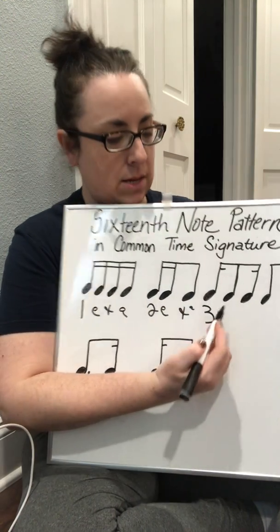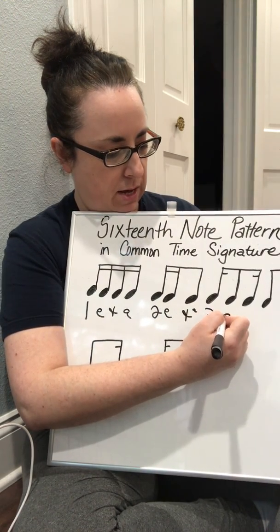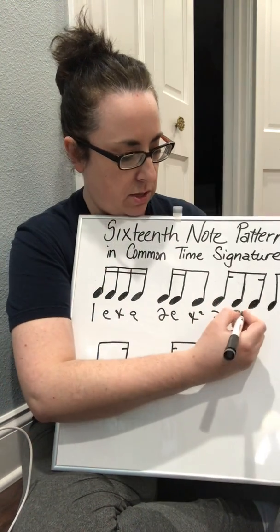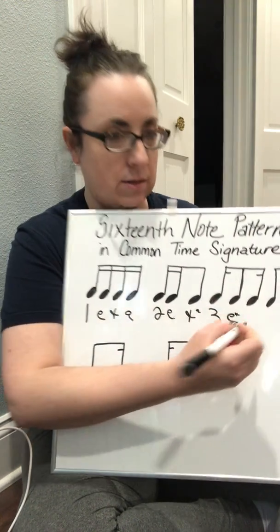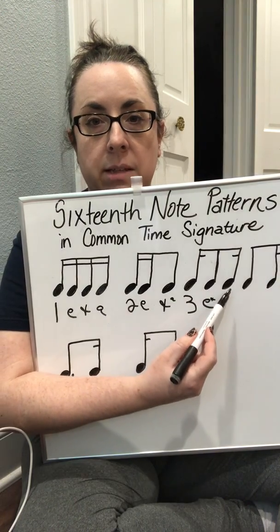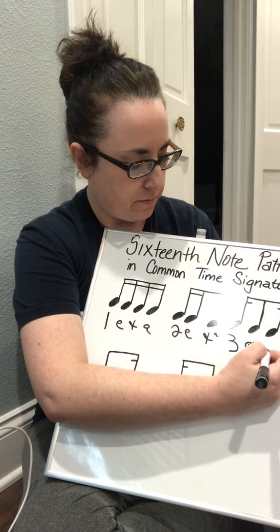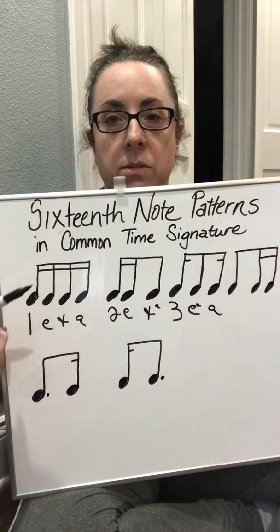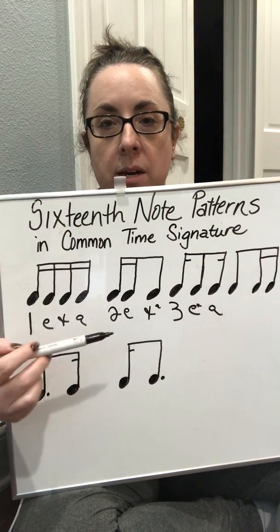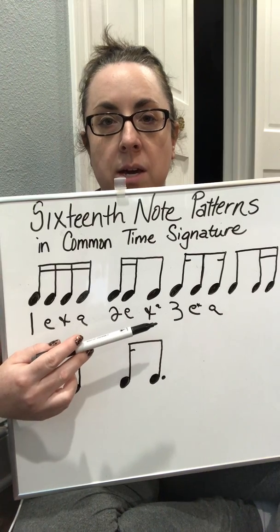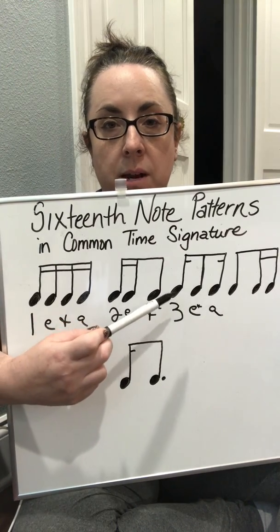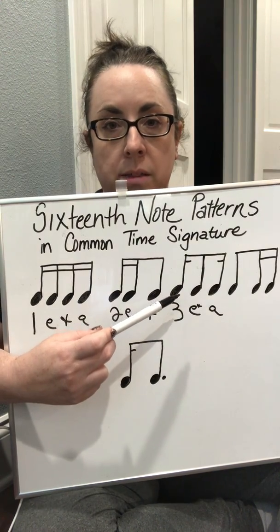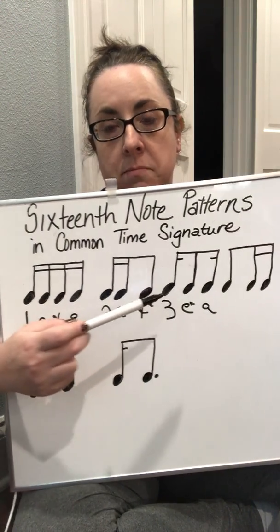Since this is a 16th note, this would be E, and it's an 8th note, so it's also our and, then this last one is our a. So far we have 1 E and 2 E and 3 E and a. This one is the most syncopated.